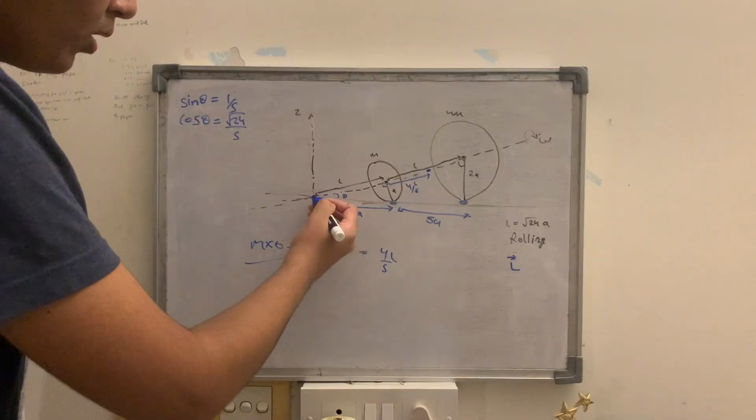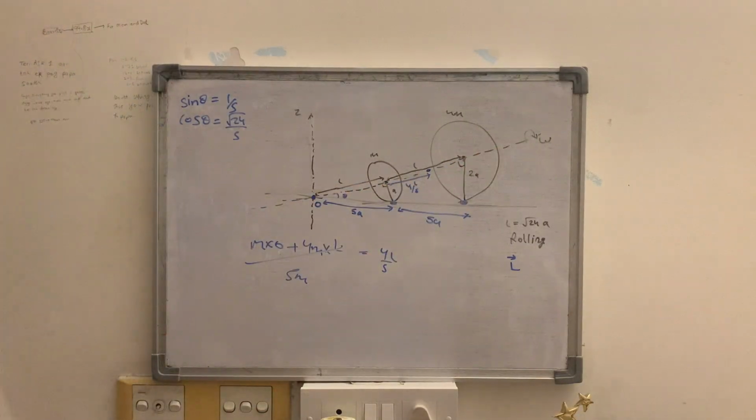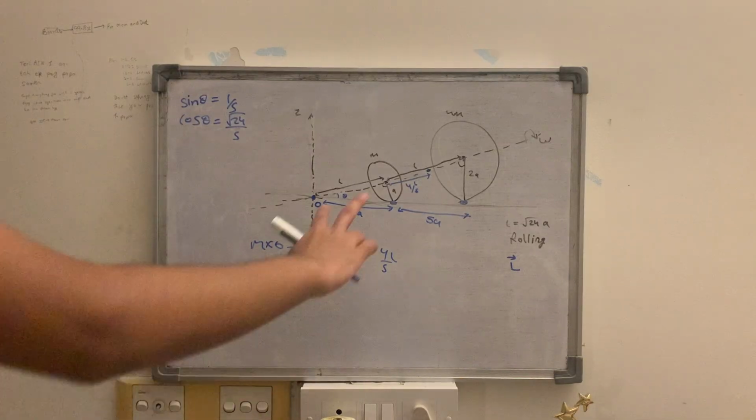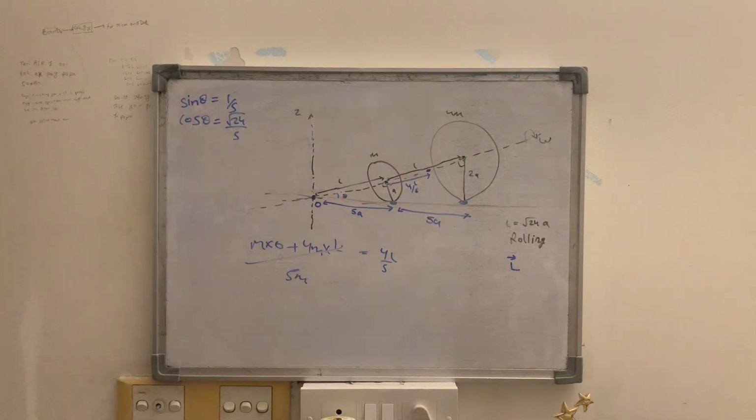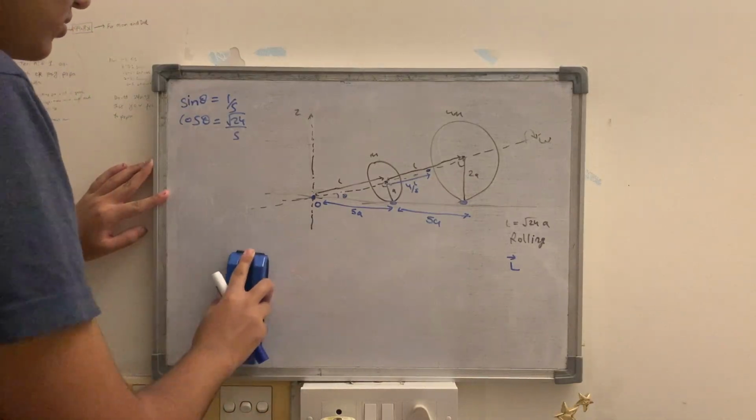From the point O, the distance of the center of mass is 9 by 5 L. Cool, now we found the point where the center of mass is.